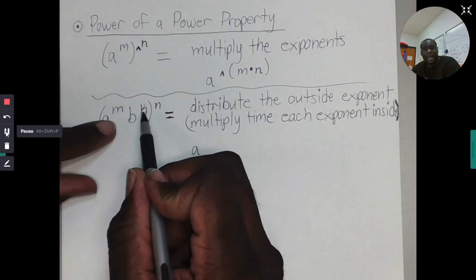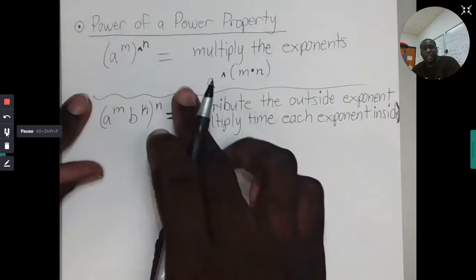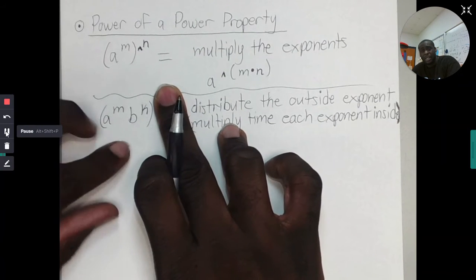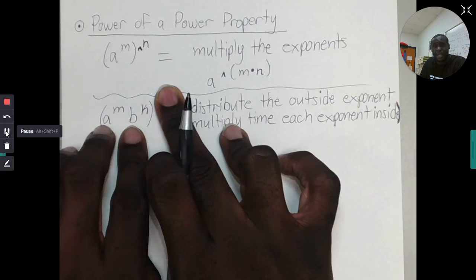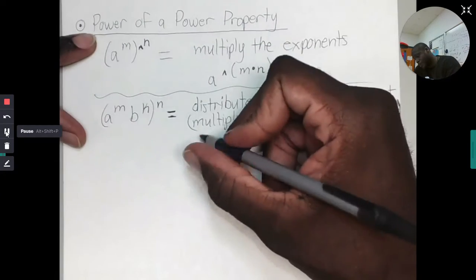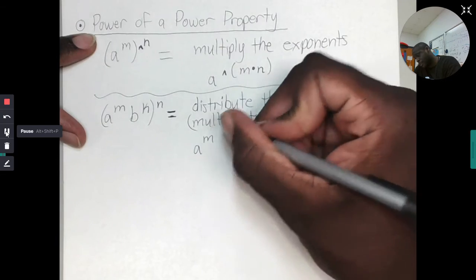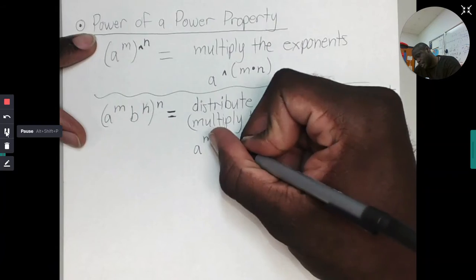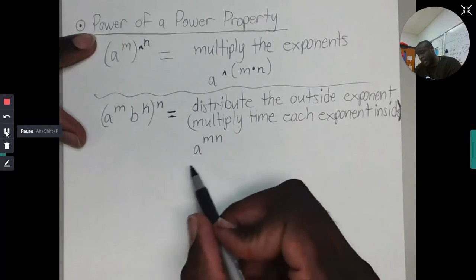Remember, you cannot simplify what's inside the parentheses here, because those two bases are not the same. But the way this would look is like this.